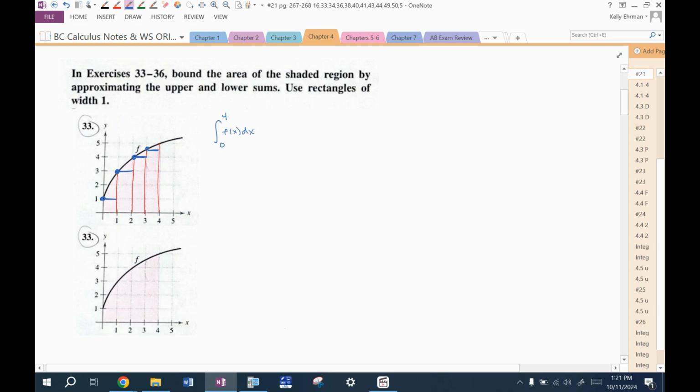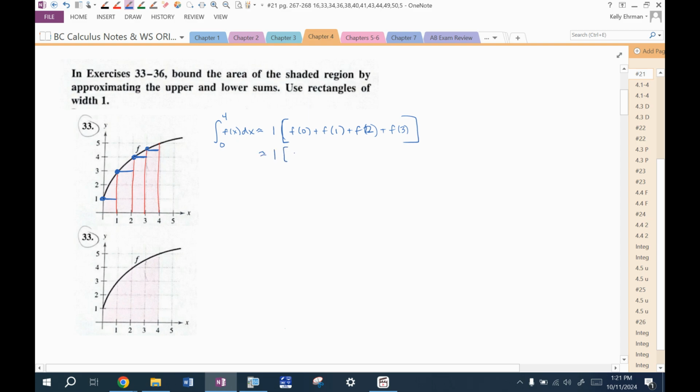We're estimating it to be the width of each rectangle, which is 1, times, I like to just put the function values to start, f of 0 plus f of 1 plus f of 2 plus f of 3.